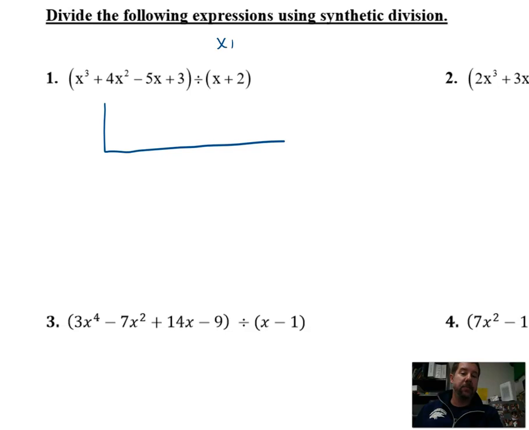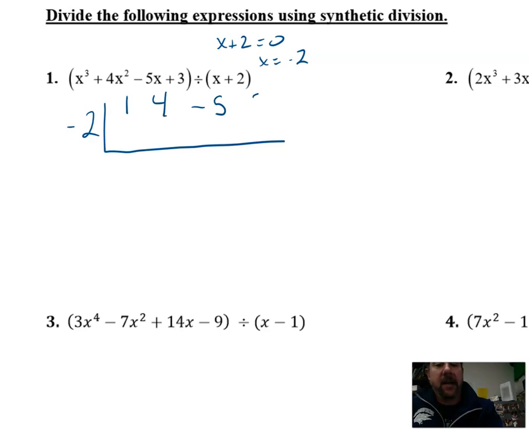So x plus 2 equals 0, so x equals negative 2. Or you can just remember you have to change the sign. It's a plus 2, so I got to change the sign. It's a negative 2. On the inside, I'm going to put just the coefficients of my dividend: 1, 4, negative 5, 3.